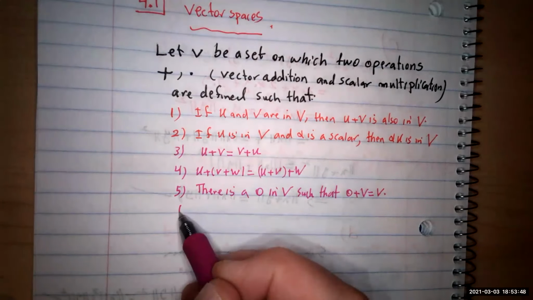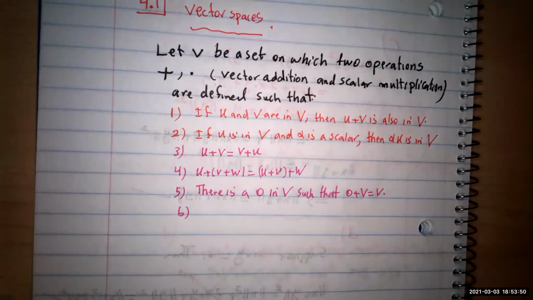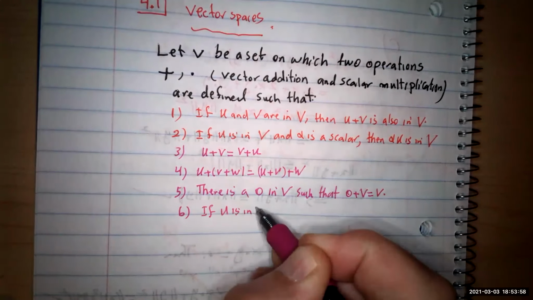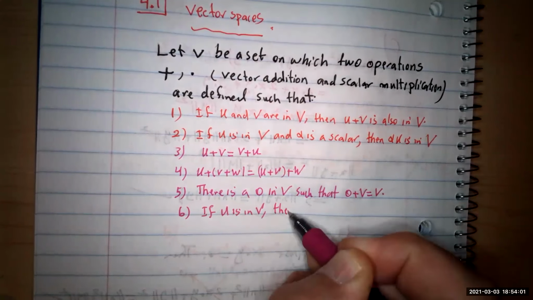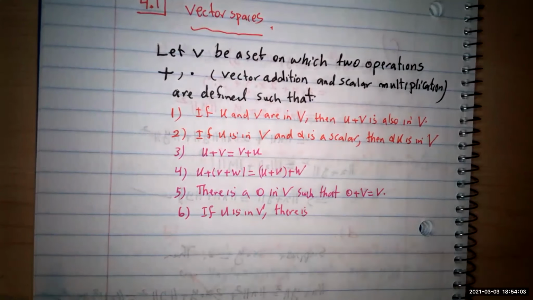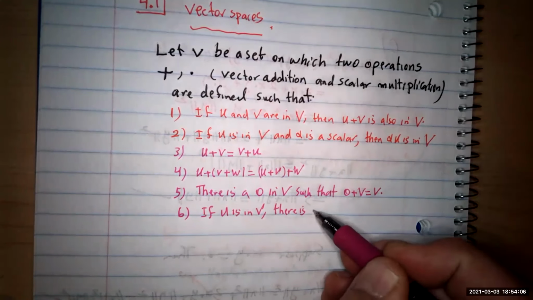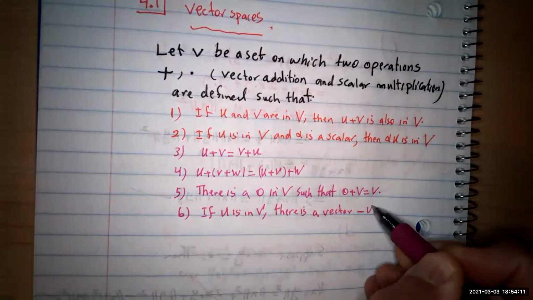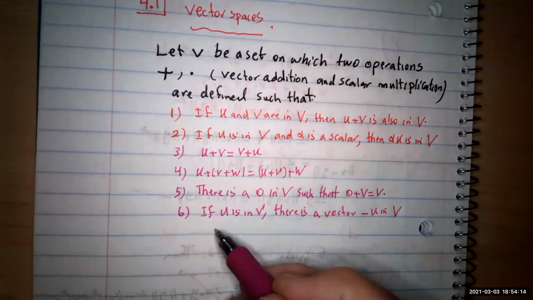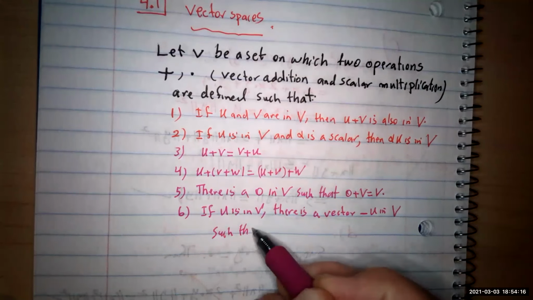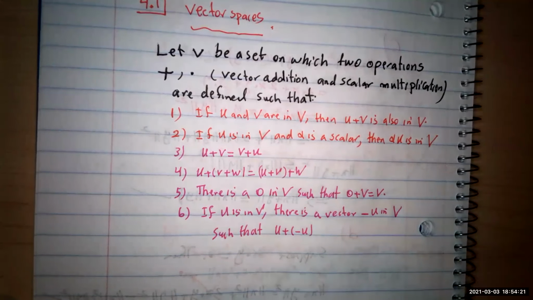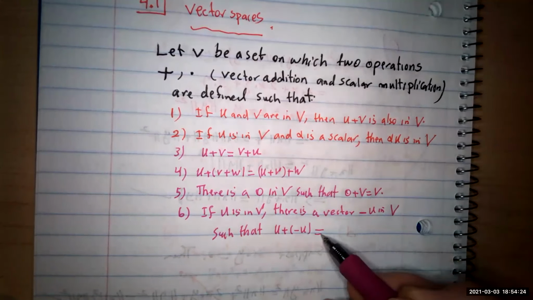As soon as we get the zero element, we are going to have the opposite, or the additive inverse, of the members. So again, if u is in V, then there is a vector, we call it negative u, in V, such that u plus negative u is equal to zero.